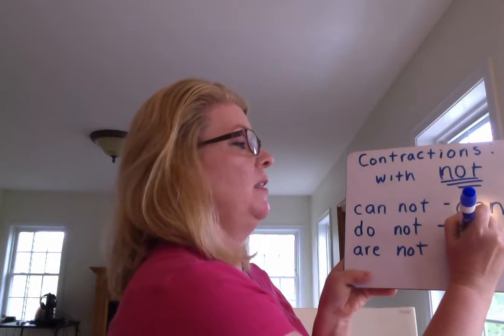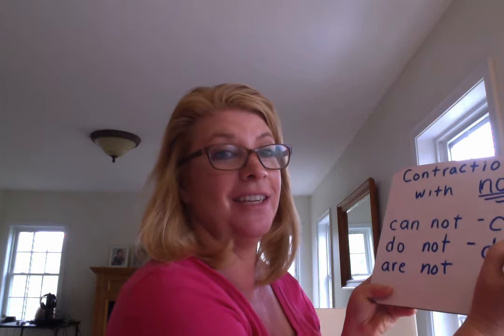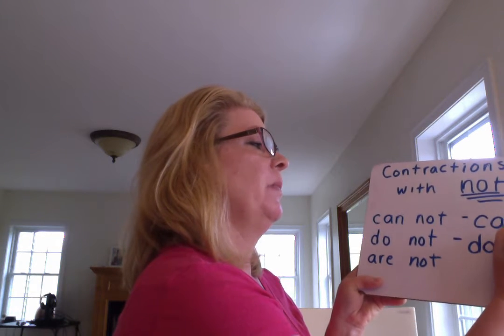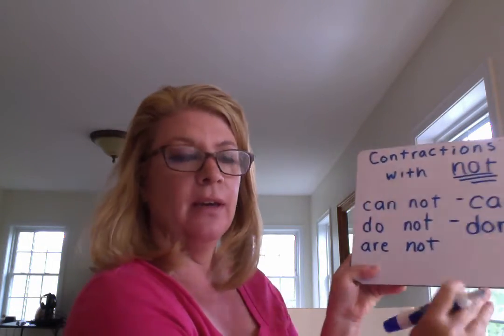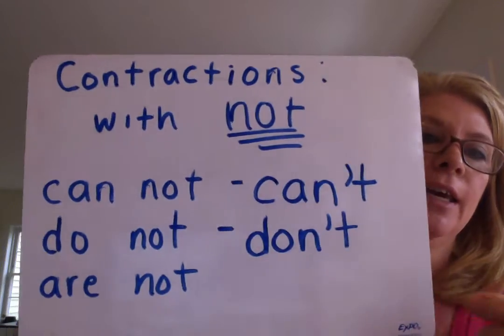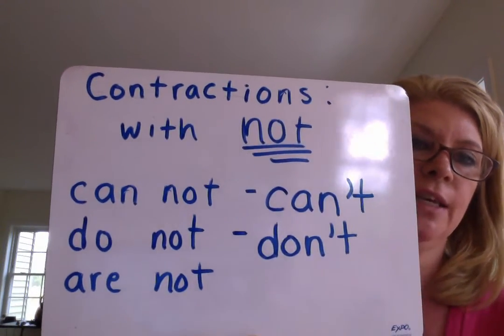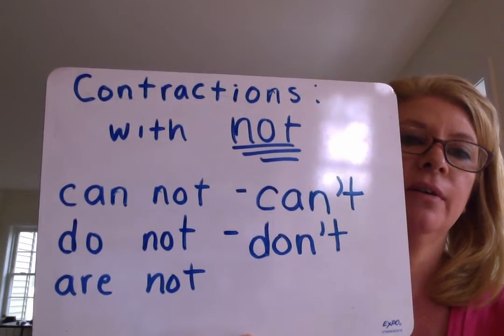Do not becomes, so if you know it, say it in your head, say it to the person next to you, say it to your stuffed animals. Do not becomes don't. Notice what we're doing. We're squishing that together, and we're taking the O out.